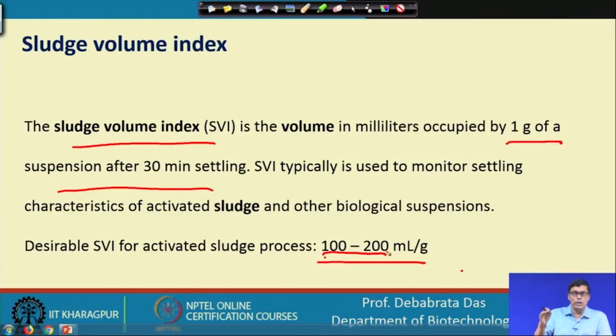If it is more, it is not good settling sludge. If it is less, then we will find it settles very fast, which is also not desirable. So, our activated sludge should have this settling characteristic, a sludge volume index of 100 to 200.